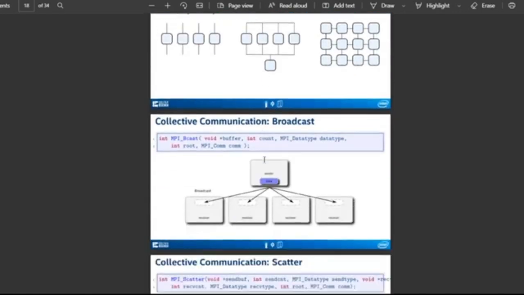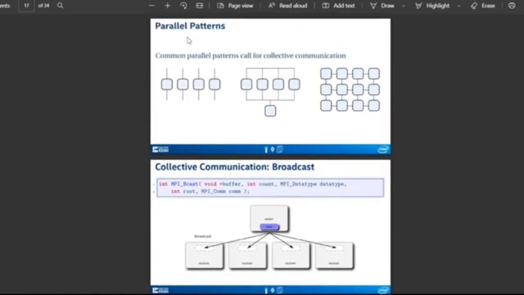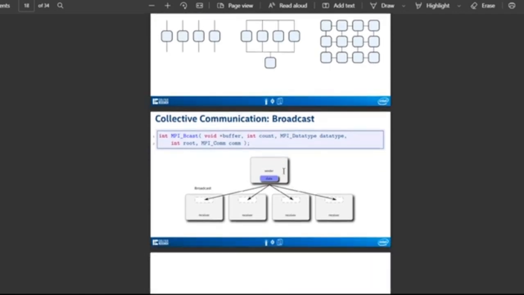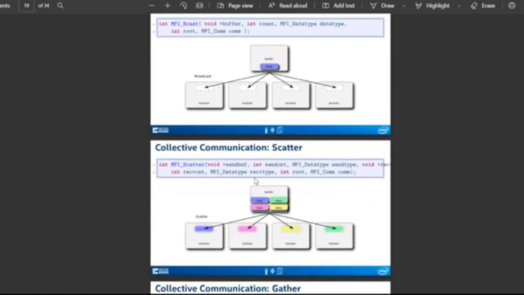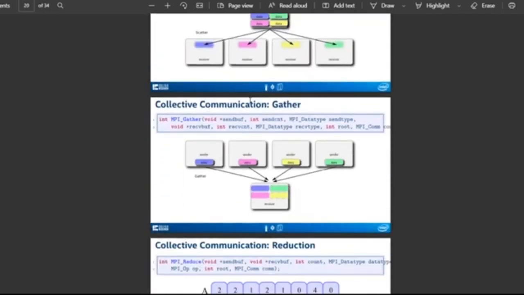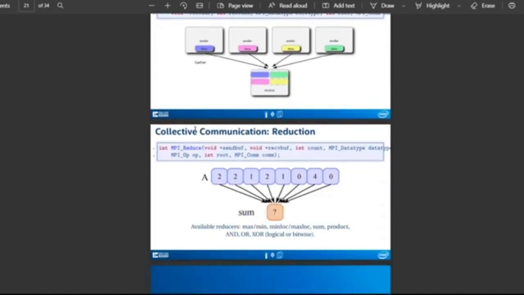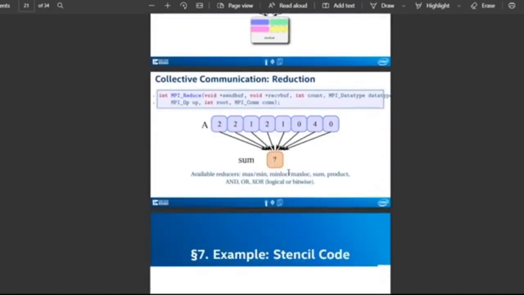There are numerous different design patterns that you can have. You can have parallel patterns, you can have collective communication, you can have broadcast, this is MPI broadcasting to different nodes, you can have collective communication scatter, collective communication gather, and collective communication reduction.